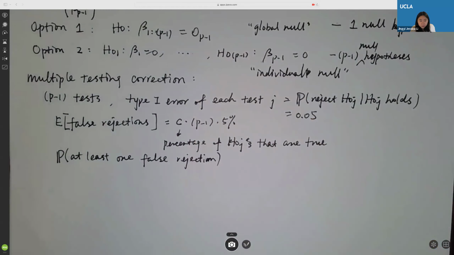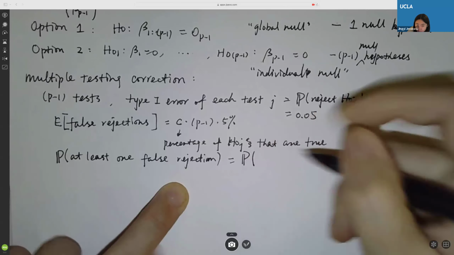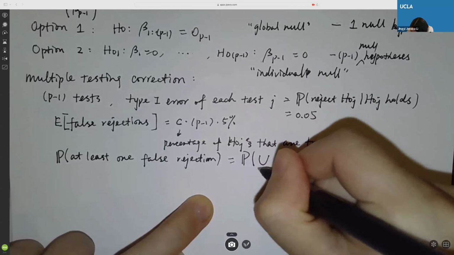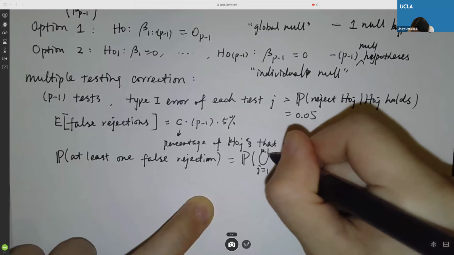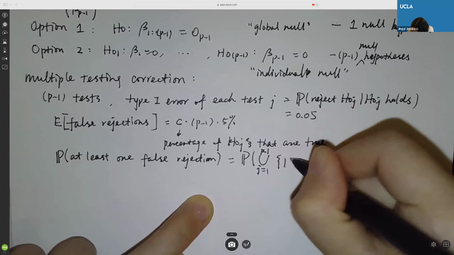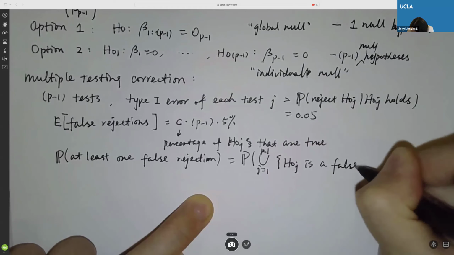Okay. And if you want to control this, as long as we make one false rejection, we are unhappy, and we want to control this probability to be very low. And this can be written as the probability of a union of sets, J going from 1 to p-1, that is, H0J is a false rejection.